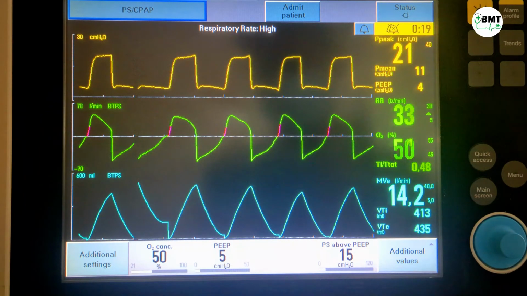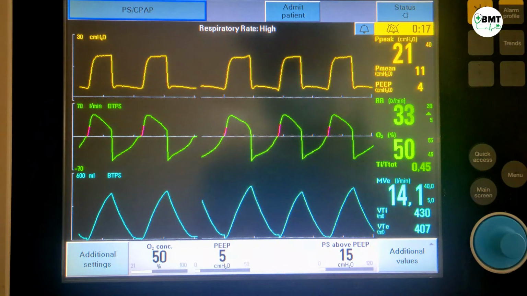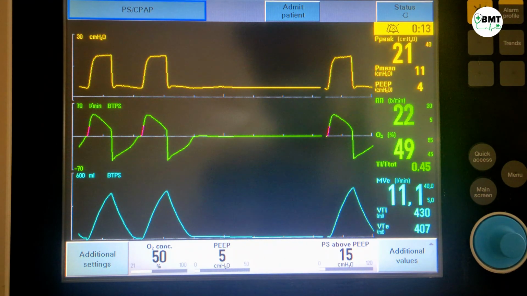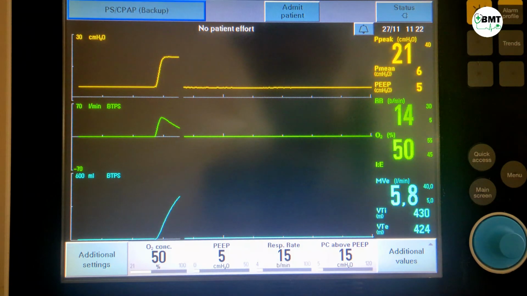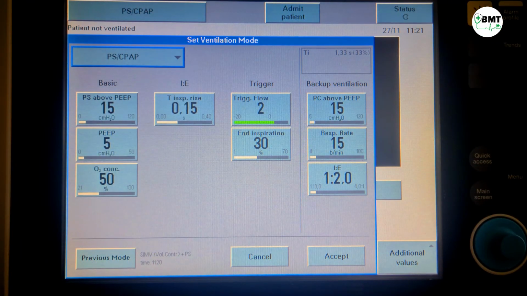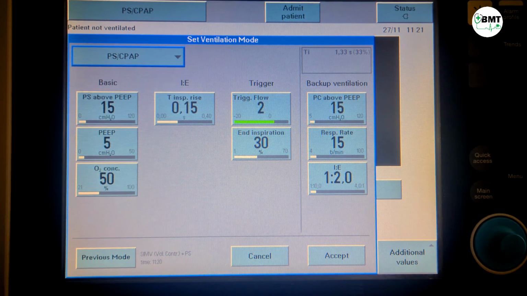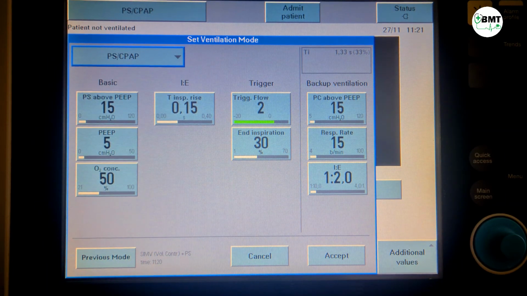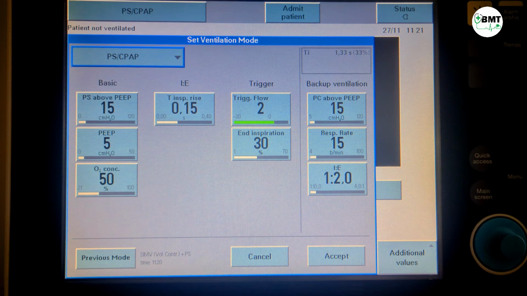In pressure support mode, if patient fails to breathe or patient is unable to take breath on its own, then in that case, backup ventilation will automatically get activated. Now let us understand what is backup ventilation. Suppose if apnea time is set, then if any breath is not detected in that time span, then it will automatically go to backup ventilation, that is pressure control mode.